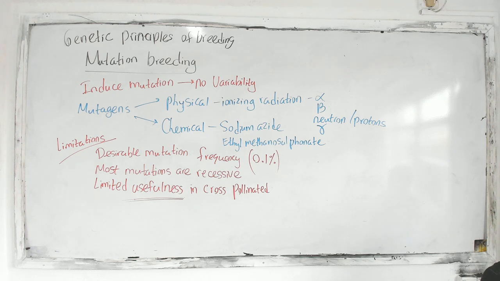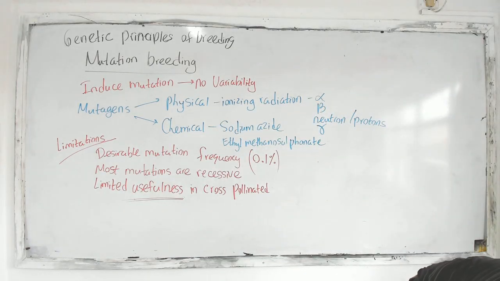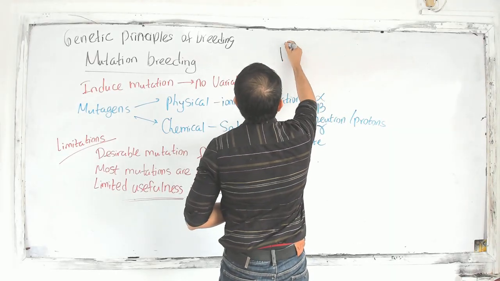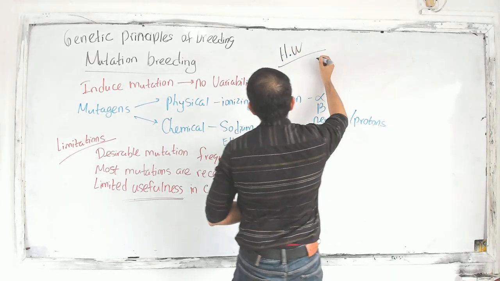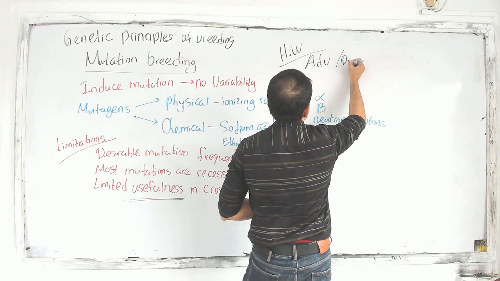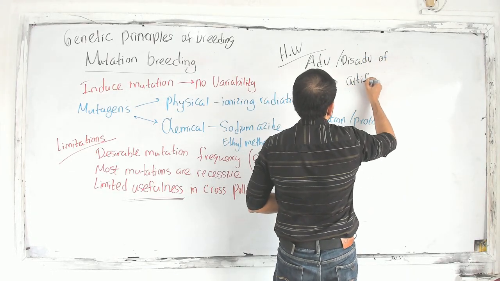Homework, I think last week also I gave homework. I'll send marking schemes for all these. Okay. Homework, write down. Advantages and disadvantages of artificial and natural breeding.